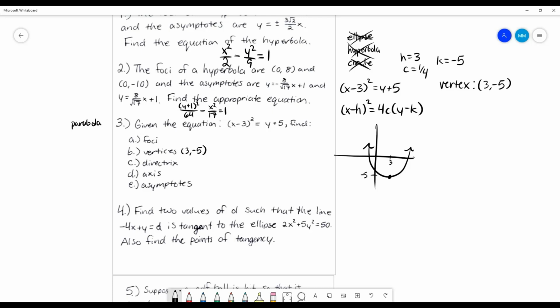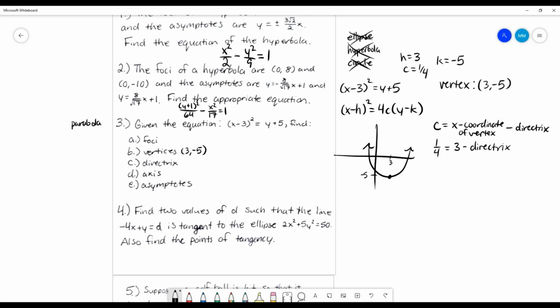If we remember that our c value is typically the coordinate of our vertex minus the directrix, so if c equals 1/4 and we know the coordinate is 3, then our directrix must be whatever makes that true.